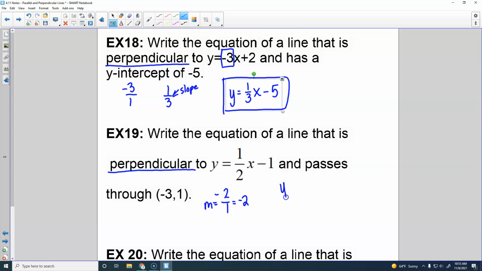So, y equals negative 2x plus b. We're going to plug in our points here, negative 3 and 1. So, right here for our y, we have a 1. We got negative 2 times negative 3 plus b. Passion, tell me what to do from here. Multiply 2 times 3, which will give you 6.